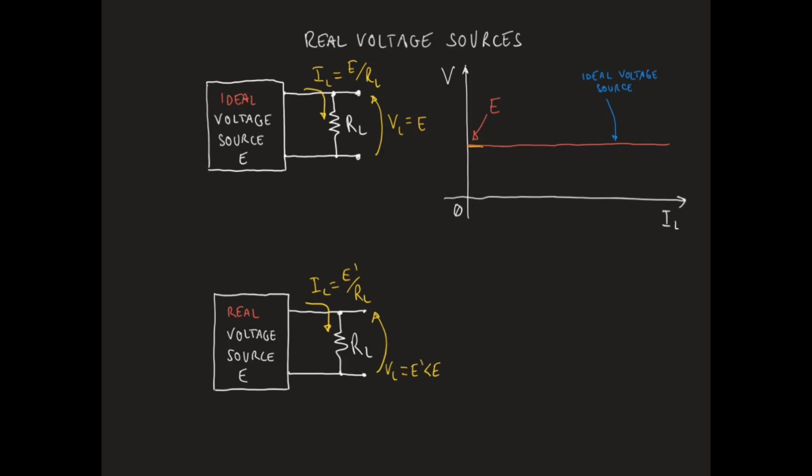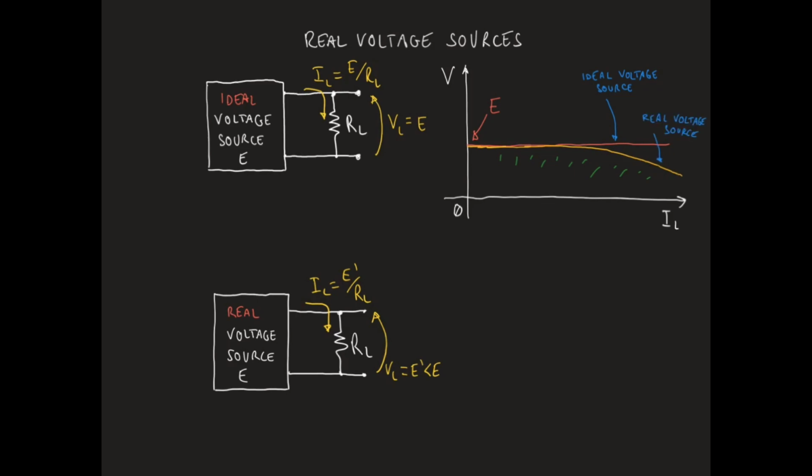Then, as the current required by the load increases, the voltage provided by the voltage source starts decreasing, going to zero as the current goes to infinity.